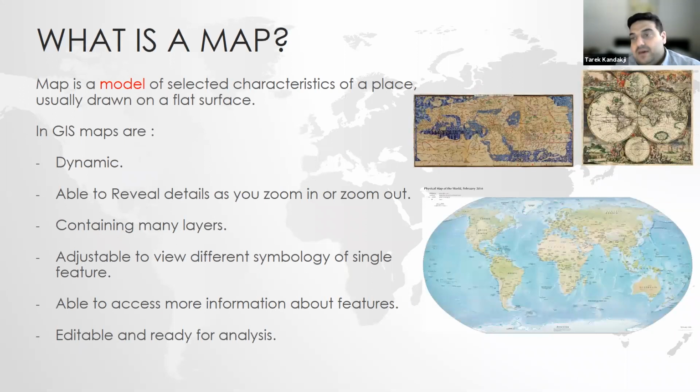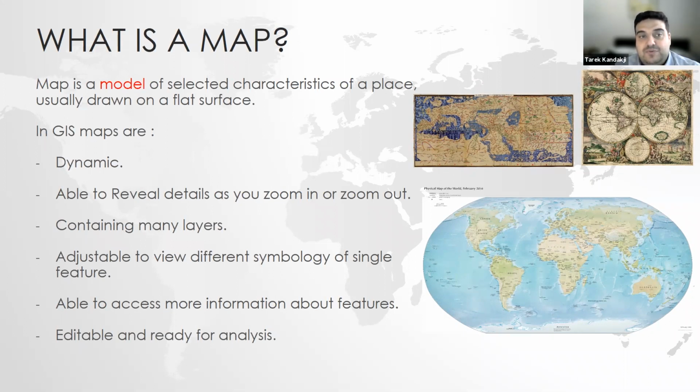So what is a map, basically? A map is a model. It's just a representation of the real life situation. It's a model of selected characteristics of a place, usually drawn on a flat surface. Especially before the invention of computer technology, people only had plain paper.